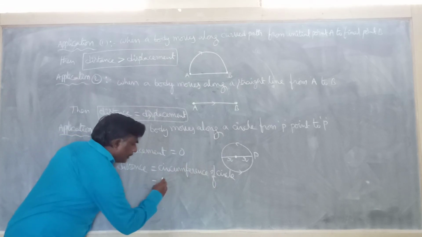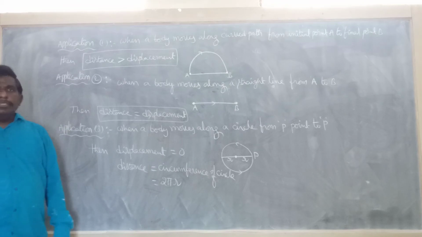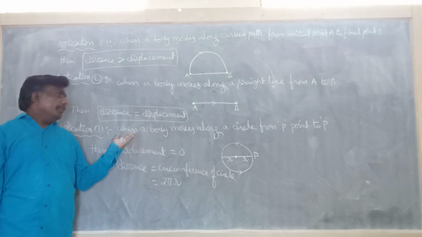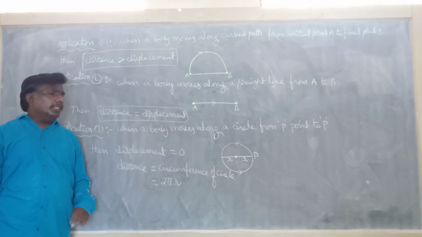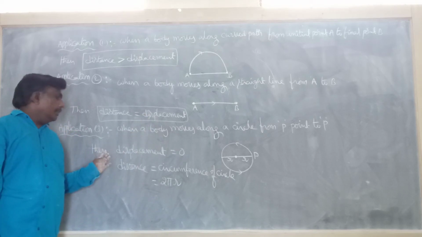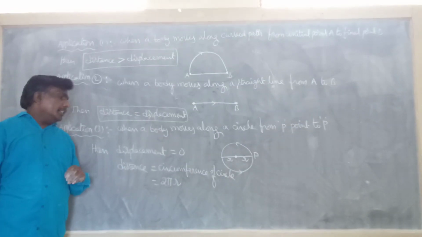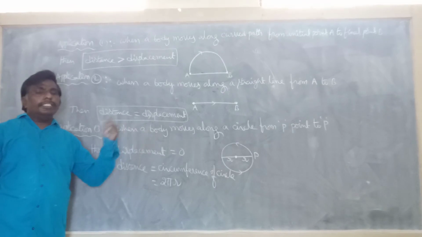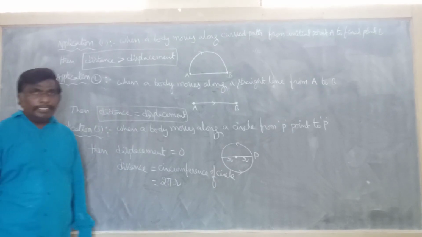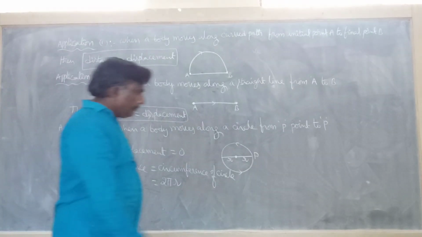What about the circumference of a circle? 2 pi r. Okay, do you understand? When a body moves along a circle from P to P, displacement becomes 0 and distance is equal to the circumference, that is 2 pi r. Do you understand here?